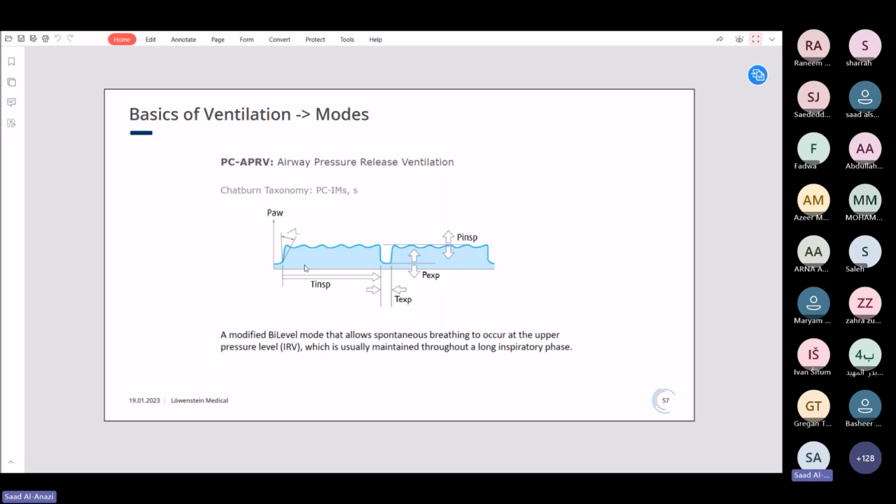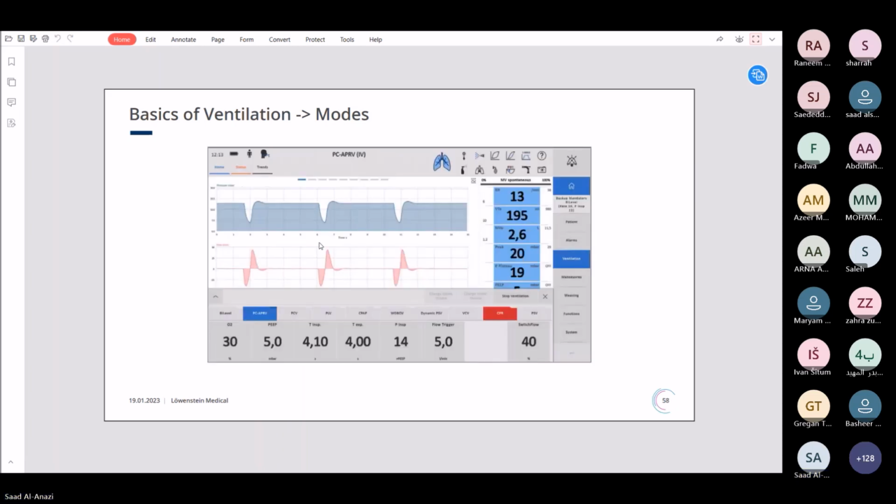It's a really great option for severe ARDS patients, showing promising evidence of improving outcome and oxygenation. So as you see in APRV, we can select the time low, pressure high, and time high, and you can select it here.